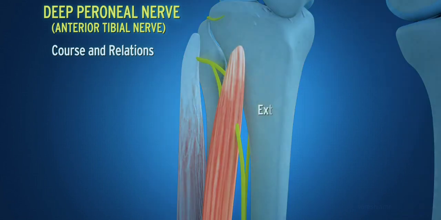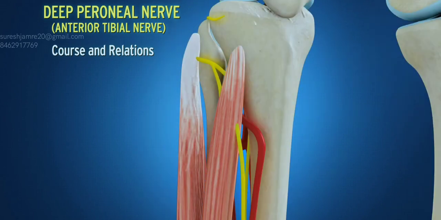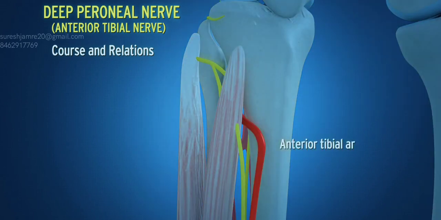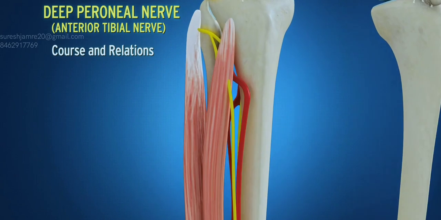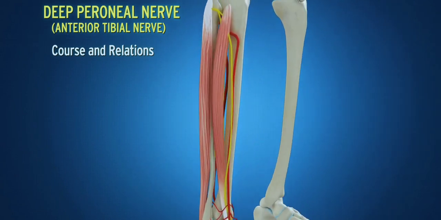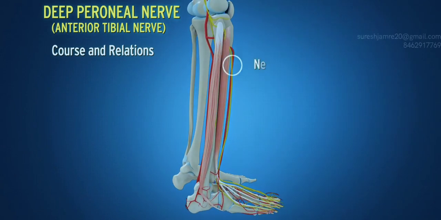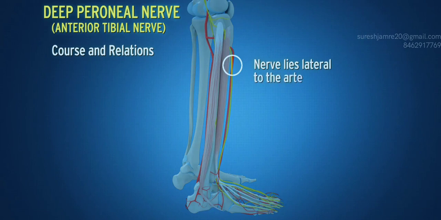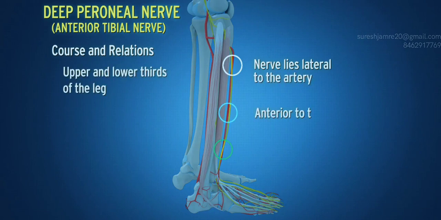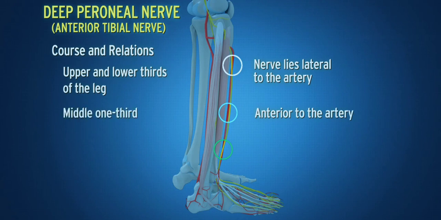It pierces extensor digitorum longus and accompanies the anterior tibial artery. The nerve lies lateral to the artery in the upper and lower thirds of the leg and anterior to the artery in the middle one-third.